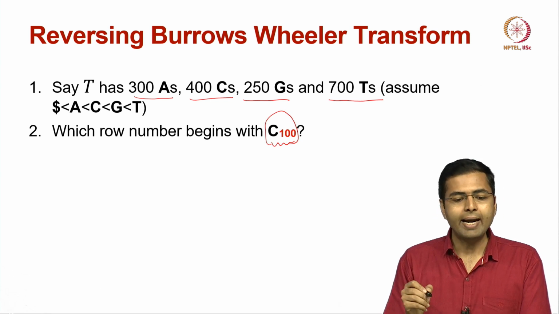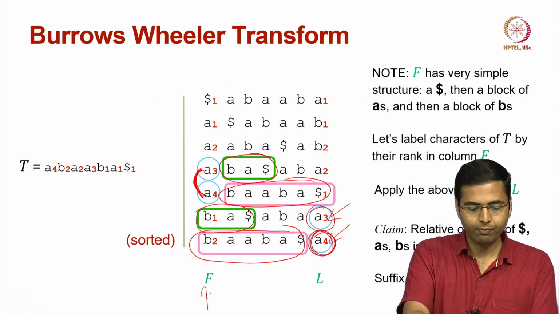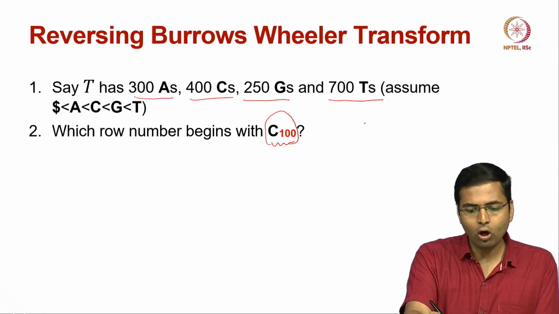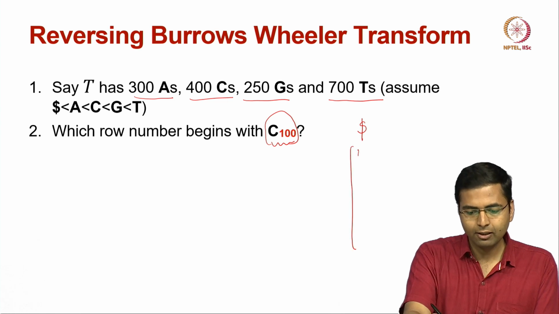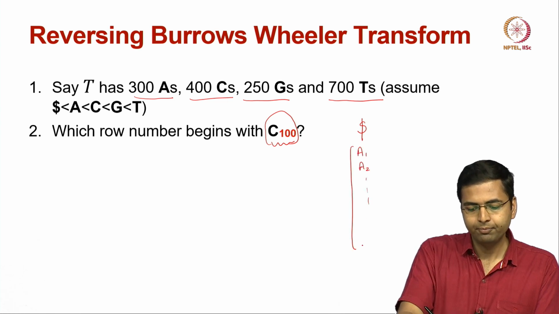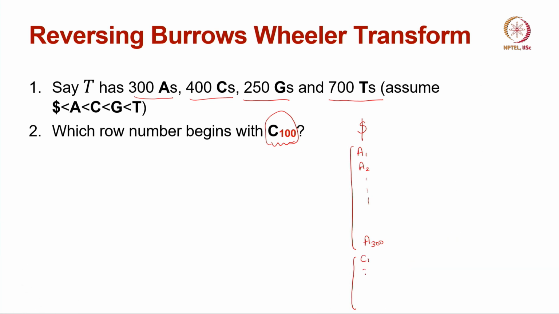Well, to calculate that, remember that we are talking about the F column here, that is the first column. So, we know that the first column will start with dollar symbol, then you will have all the A occurrences. So, A1, A2 until A300, and then your C occurrences will start based on the lexicographical order. So, then you will have C1, C2 followed by C100 and so on. So, we immediately can tell which row number will start from C100, that is you have to consider 1, then 300 and then 99.